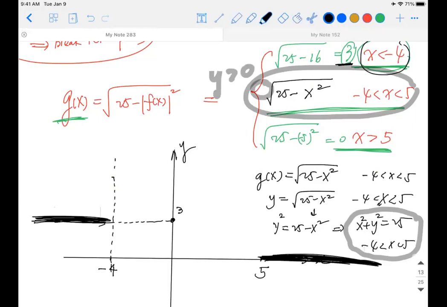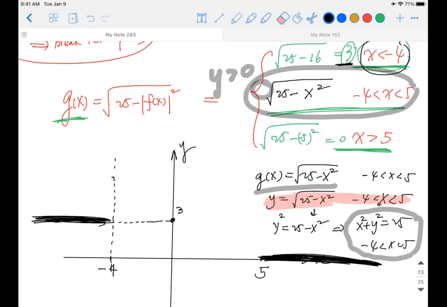All the way to here, you will see y is greater than 0, right? So if you're talking about the circle, it's only half of the circle, the upper half, not the lower half, because y is positive, square root of 25 minus x squared. So your graph in the middle is pretty much something like this.